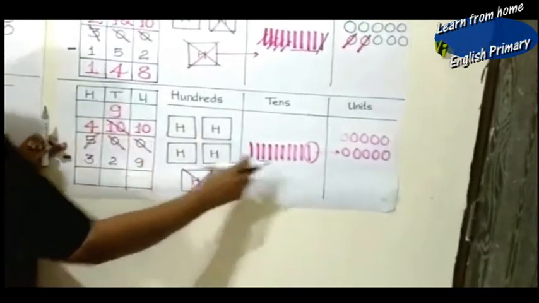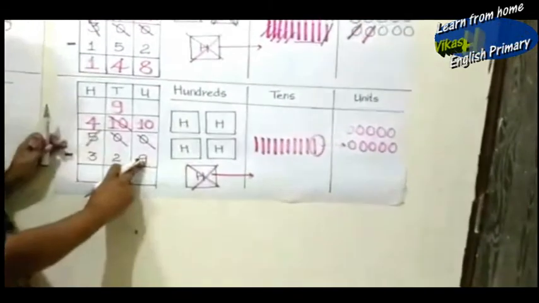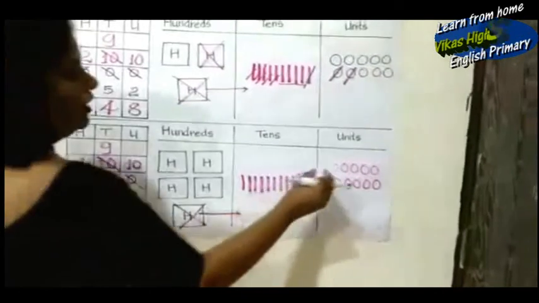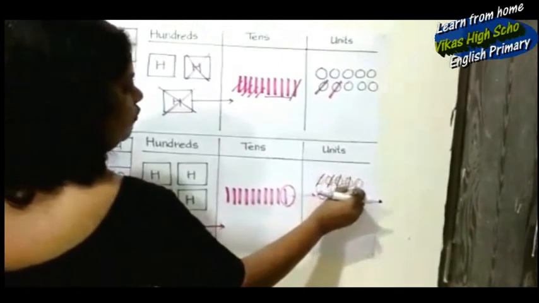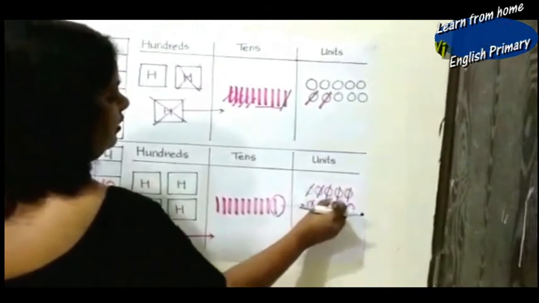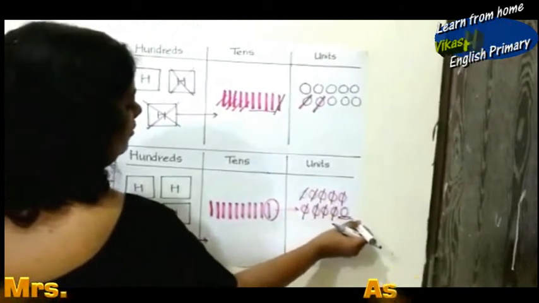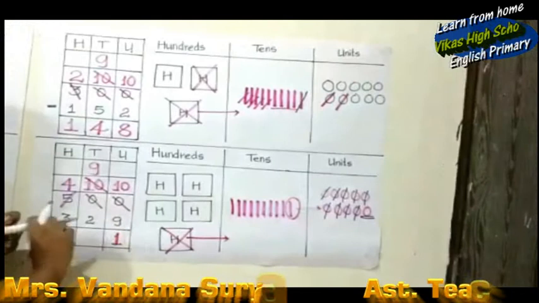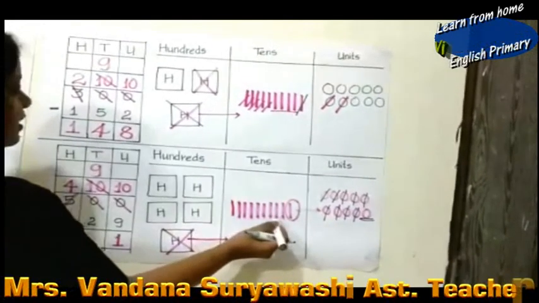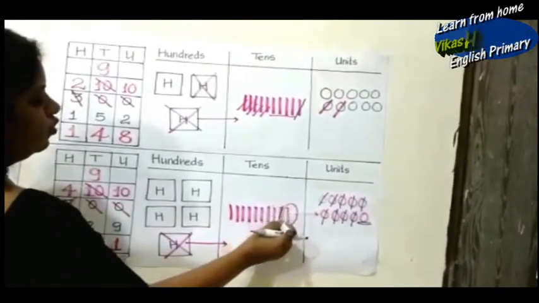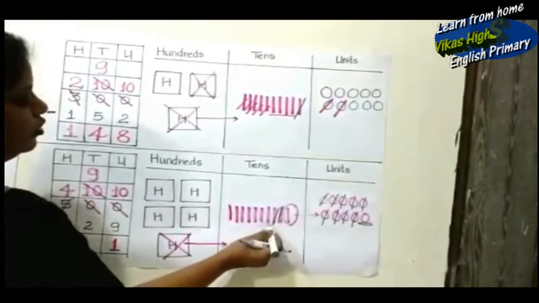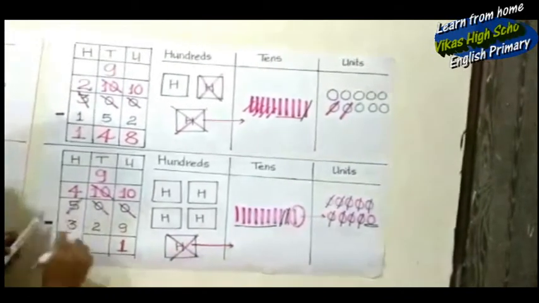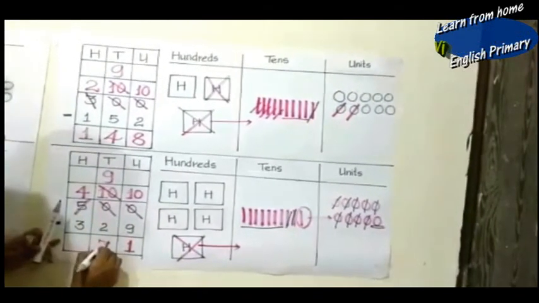Now from these 10 units I have to minus 9 units. So 1, 2, 3, 4, 5, 6, 7, 8, 9. So how many remained? 1 unit. And from this 9 tens I have to minus 2 tens. So it gives me 7 tens.